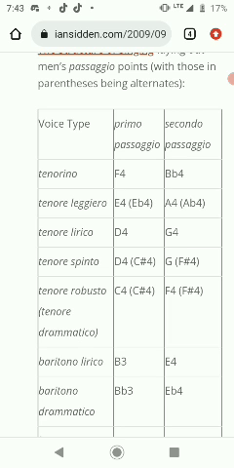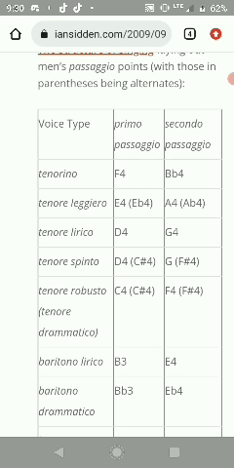Now, tenor robusto would be more of the lower one that I saw, which ends at C4 for their chest voice, but they start their head voice basically at around an F4. So that would be a little bit lower than mine for the tenor robusto, which would be more of the lower tenors, which I think is what I originally saw.